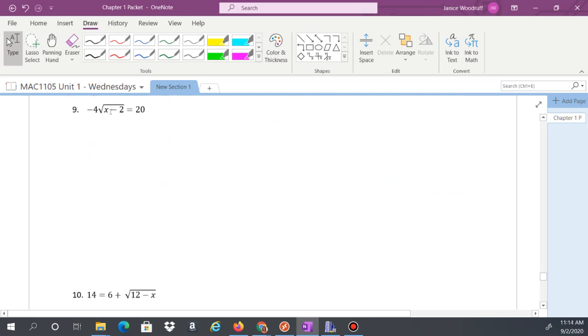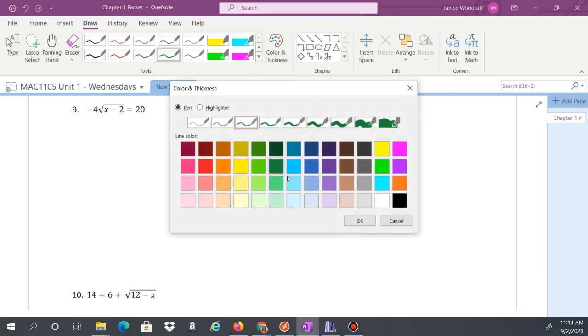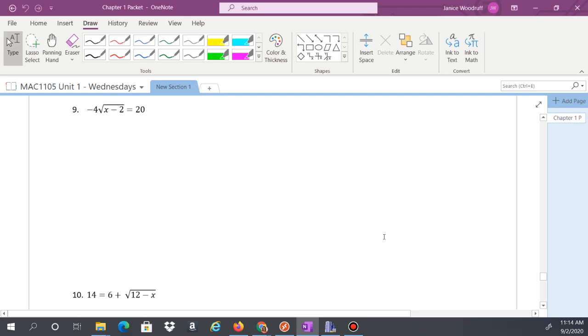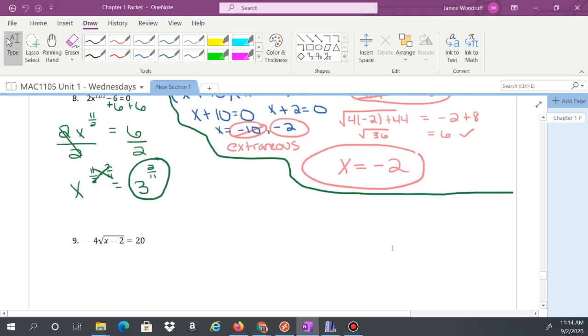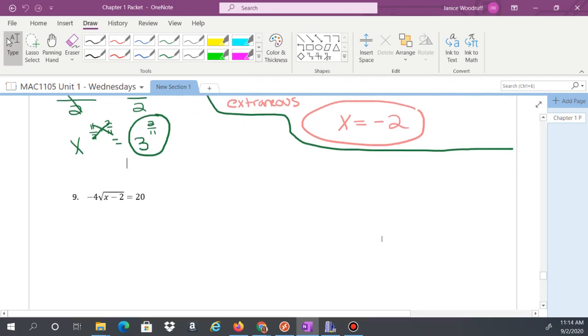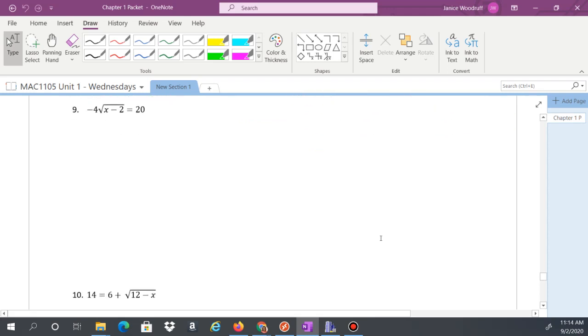All right, number 9. I'm starting with a radical in the problem, so I have to check this one. Start recognizing those: if it starts with a radical in the problem, then I need to check. Okay, so what I'm going to do here is isolate my radical.